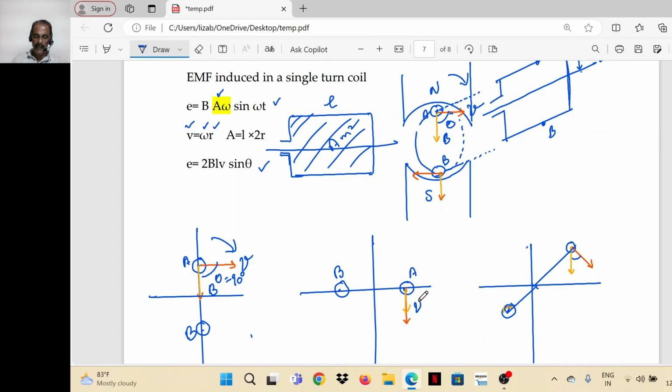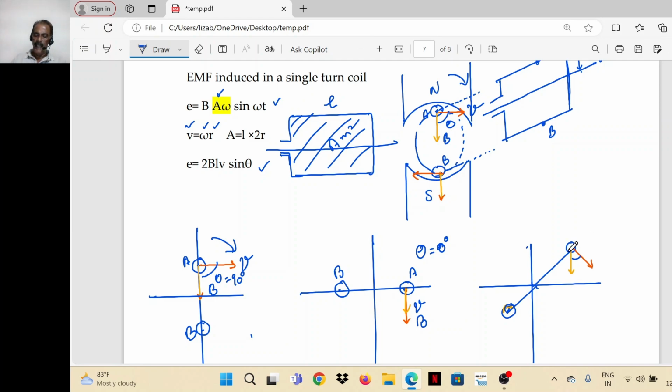Now the linear velocity vector is downward, the flux density vector is also down, so theta is equal to 0 degrees. So at this position, the induced EMF is 0 when the plane of the coil is horizontal. When the plane of the coil is vertical, theta is 90 degrees and the induced EMF is maximum.